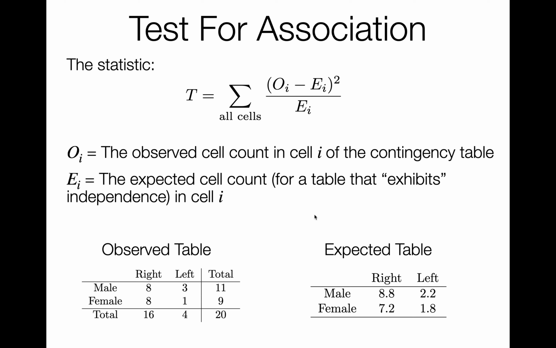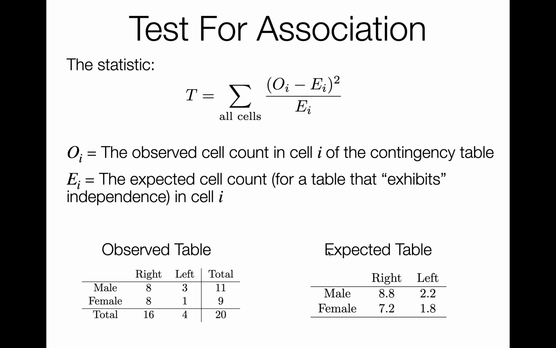So this is sex and what your dominant hand is. That would be the observed table, the table that you saw in your sample, and 8, 3, 8, and 1 are going to be those O sub i's.